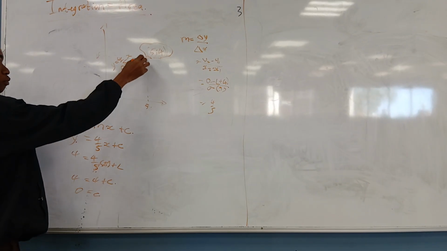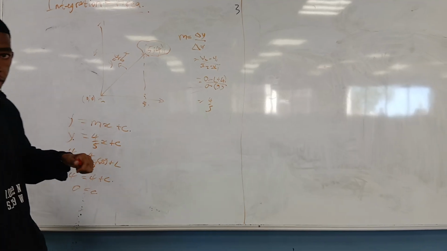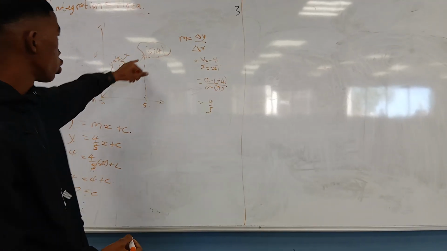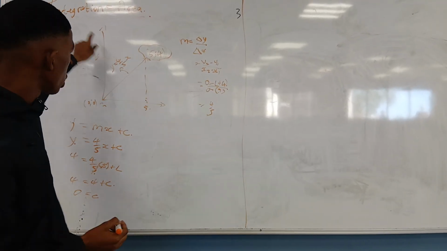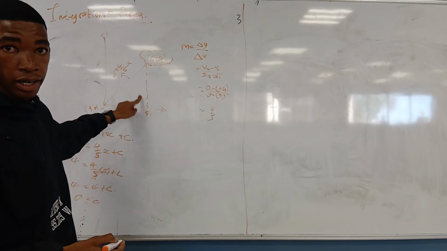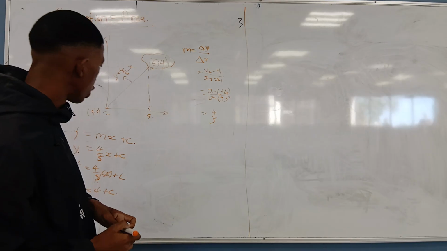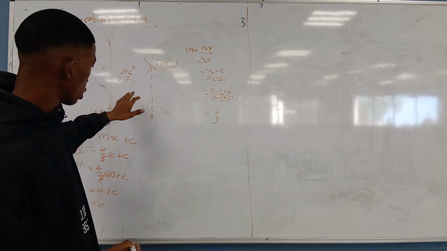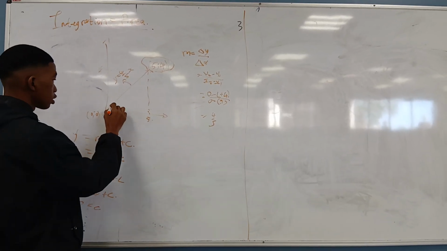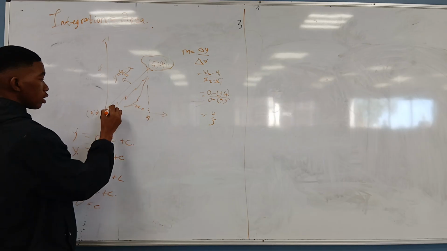Now, the reason why I wanted us to determine the equation of the straight line is so that we use integration to find the area underneath this graph. Now I'm going to start by using the formula of the area for a triangle to determine the area of this part under this graph.